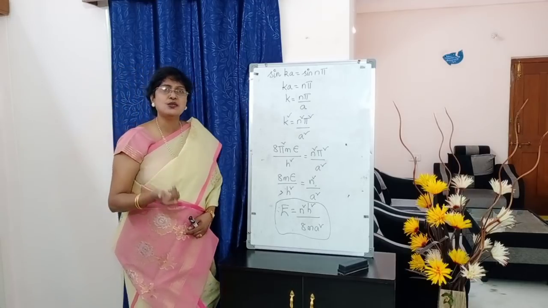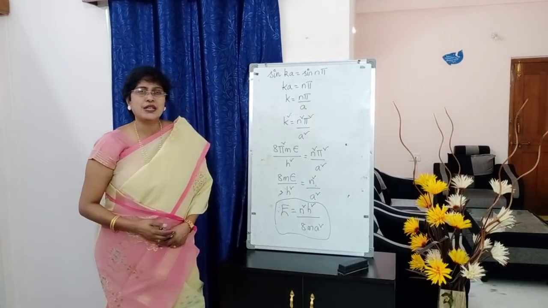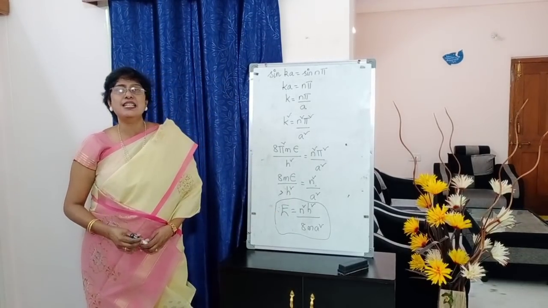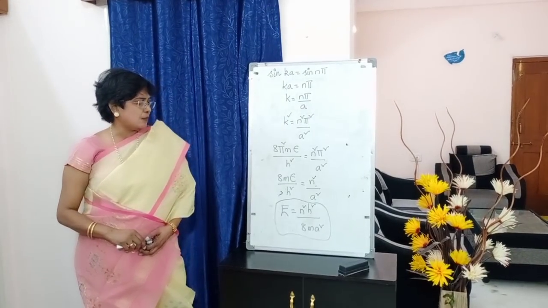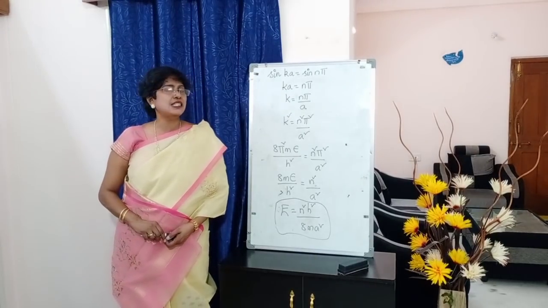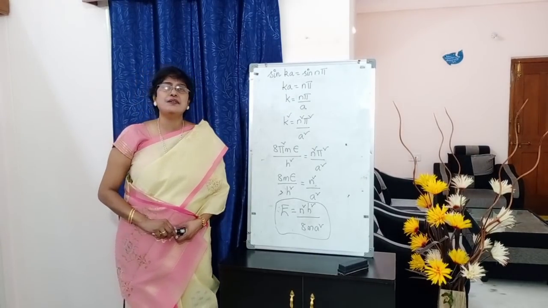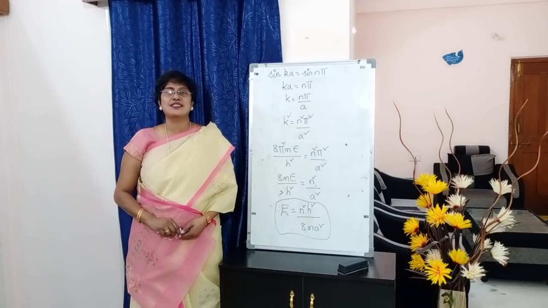So taking these two cases into consideration, we could derive the formula for the energy of a free electron as n square h square by 8 m a square. So draw a line till here. This is your answer for Schrodinger wave equation for a particle in one-dimensional box.